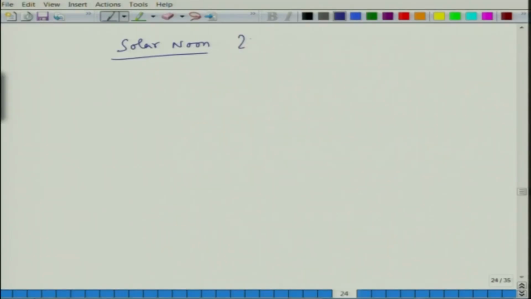So, what is that? Solar noon is what we call when the sun is at the topmost possible position for that particular day. And how it is defined? It is defined when the hour angle is 0, right. So, that is how it is defined.